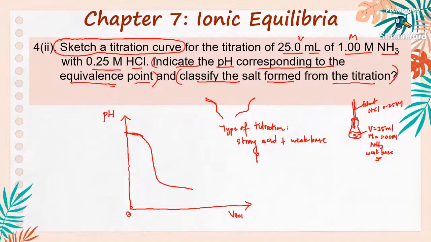So the pH at the equivalence point will be acidic, correct or not? The pH will be less than 7. So you have to show on the titration curve, for example here, that this is the pH less than 7 and it is the equivalence point.